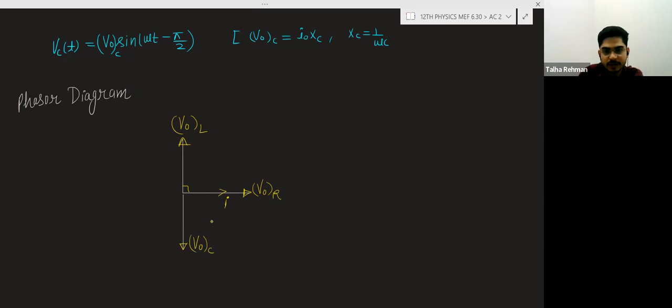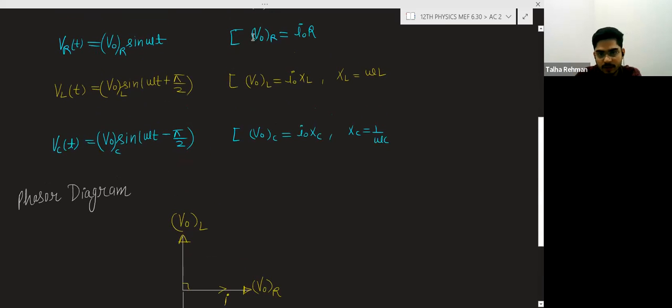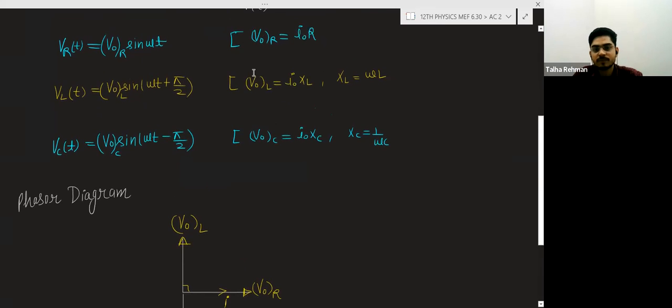V naught across R can be written as I naught into R. V naught across L can be written as I naught into XL. V naught across C can be written as I naught into XC. Which means the peak value of the current in the circuit is the same.